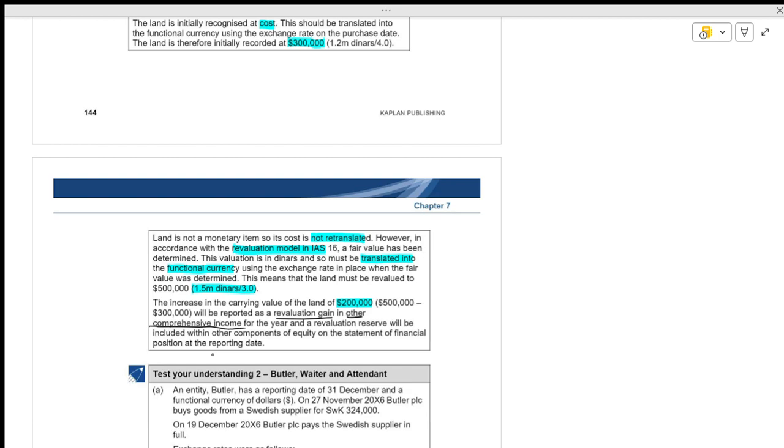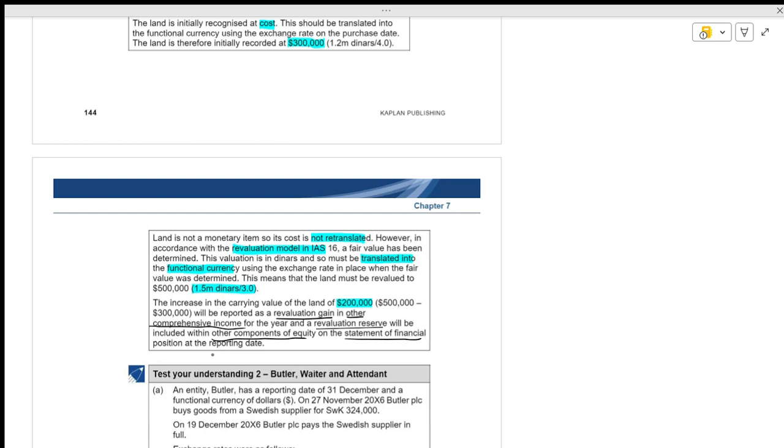It should not be treated in the profit and loss account. It has to be treated as a revaluation gain in OCI, and it should be identified as a revaluation reserve with other components of equity in the statement of financial position.